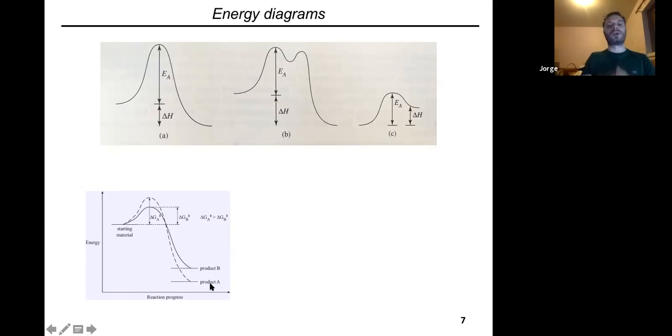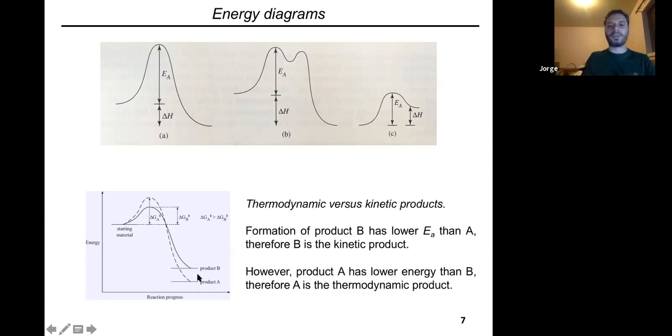Okay, so here we have one thing called the kinetic product, which is the one that's fastest to be formed, which is B, and the thermodynamic product, which is the one with the lowest energy, which is A. And that's the difference between thermodynamic and kinetic product, okay?